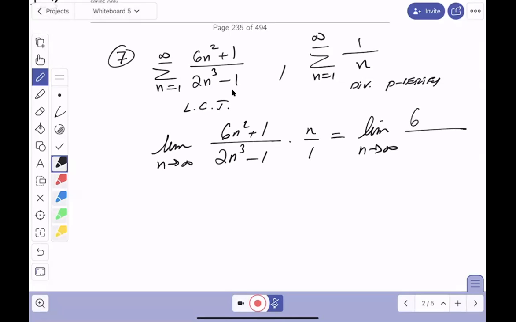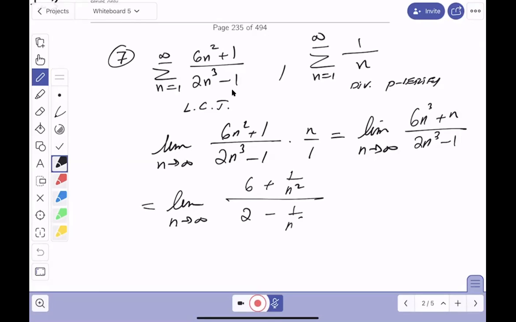That's going to be 6n cubed plus n on top. On the bottom, you would get 2n cubed minus 1. I'm going to divide by the highest degree variable. That's what you were taught to do in Math 119, by the way. That's 6 plus 1 over n squared, because the highest degree variable is n cubed. And then you get 2 minus 1 over n cubed. And this would give you 6 over 2, which is 3.